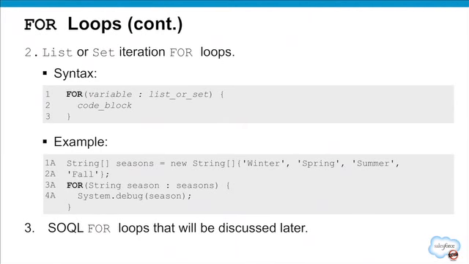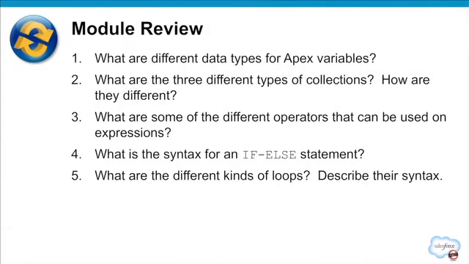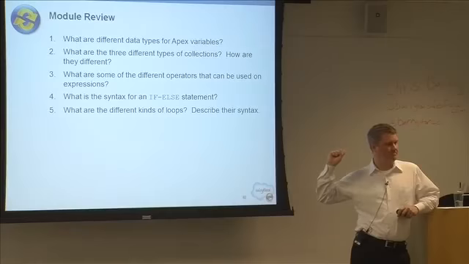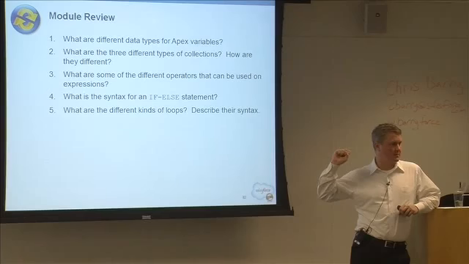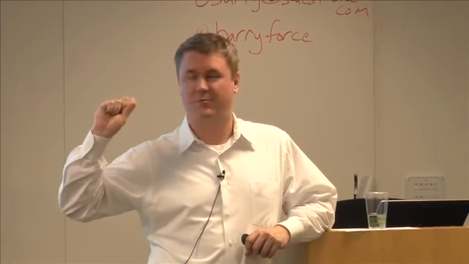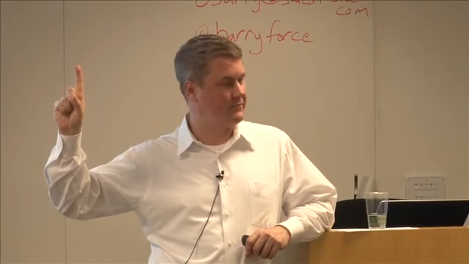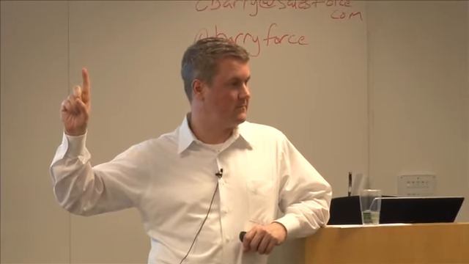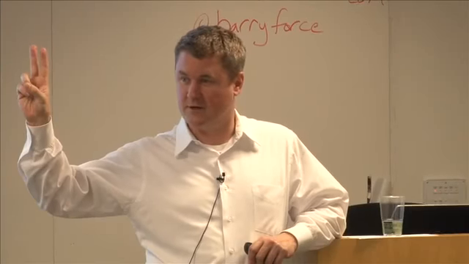All right, what are the different data types for Apex variables? What are some of the ones that we talked about? So those are all examples of what? Primitives. Primitives, very good. sObjects, very good.